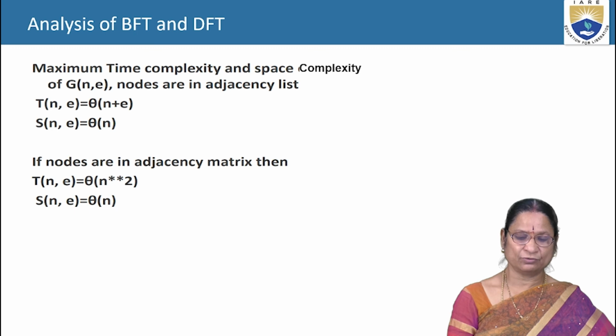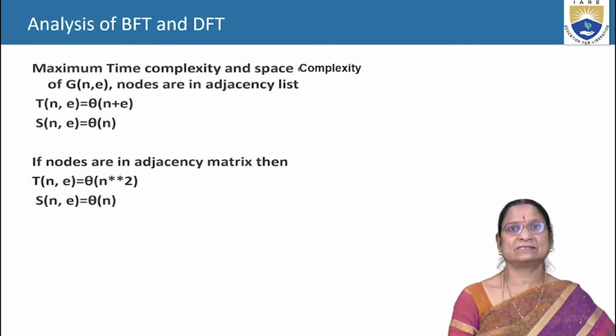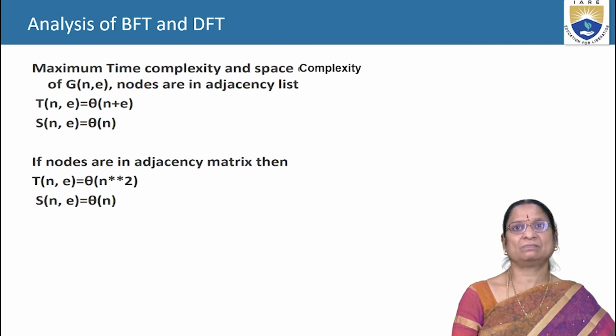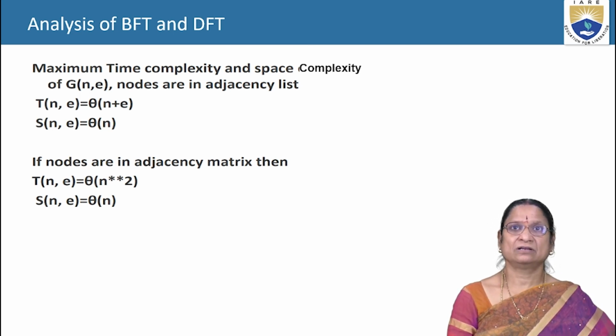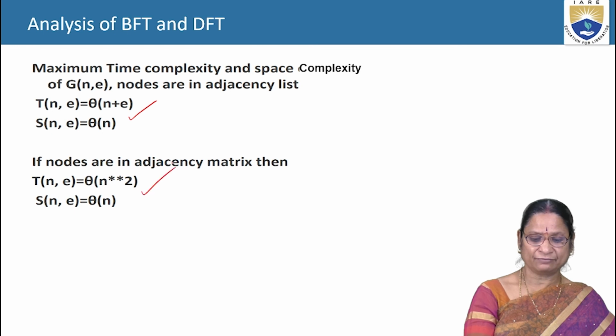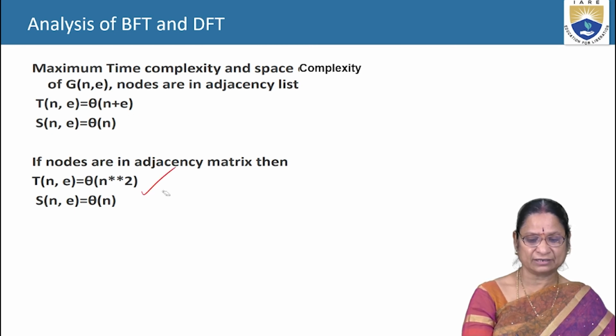The processing takes a nesting of loops, row and column. The maximum time complexity will be order of n square. Space is the same, number of nodes only.